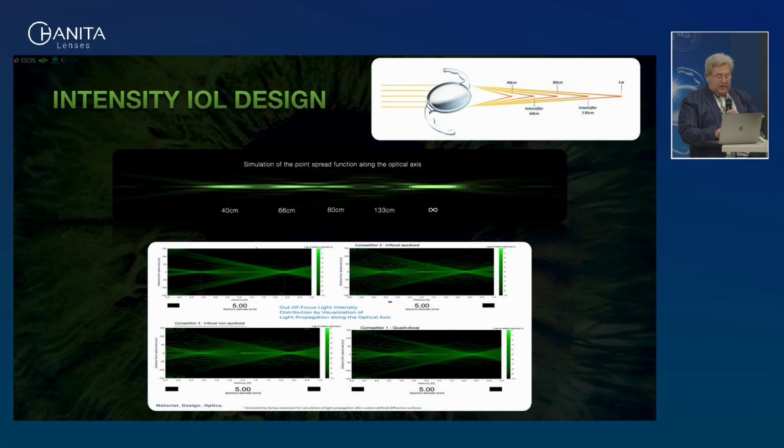Now you see the spectrograms. On the top, you see the Intensity lens, which further confirms the smooth distribution of light across various focal distances compared with the bifocal, trifocal and quadrifocal spectrograms.